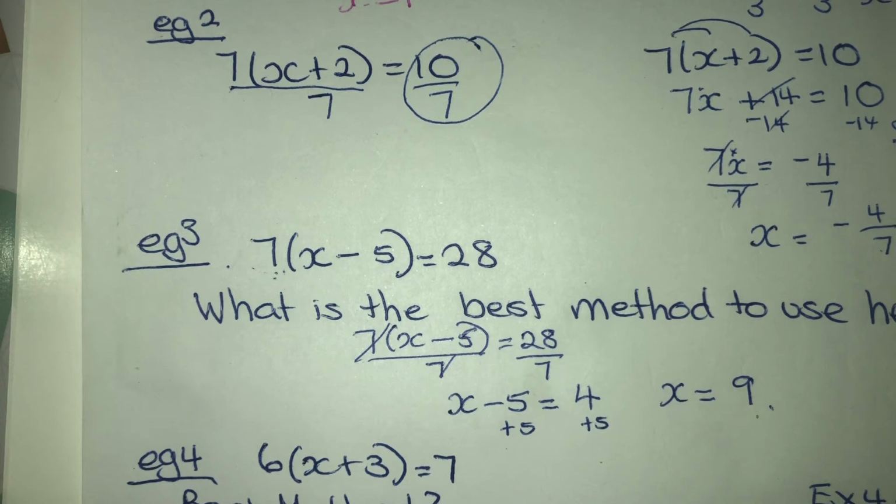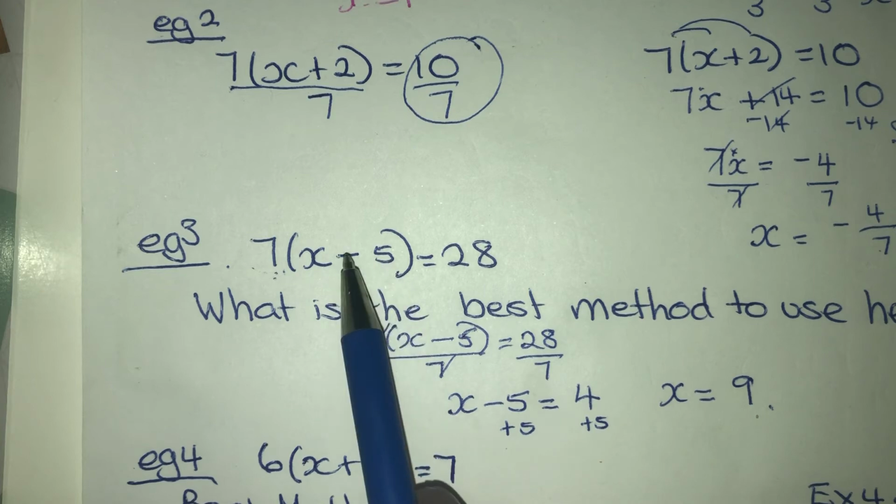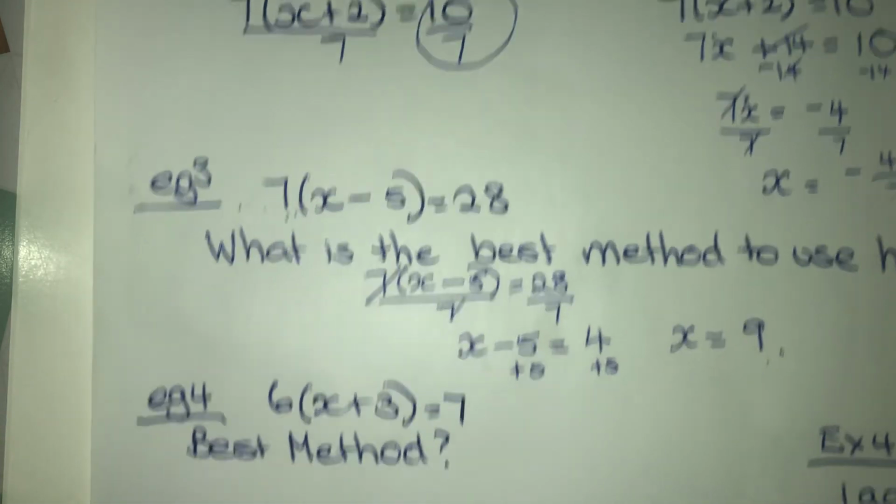Okay, if you've got the answer and people are catching up, substitute your answer. Hopefully you got x equals 9. Put it into here. 9 minus 5 is 4. 7 times 4 is 28.